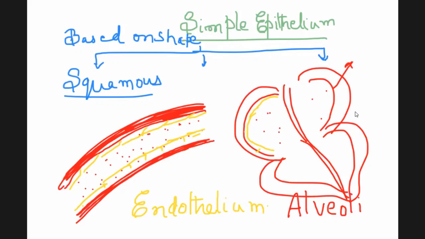If epithelium envelops blood, note down the meaning, then it goes with the name endothelium. So epithelium enveloping blood is known as endothelium. This is also made of, come on, simple squamous.